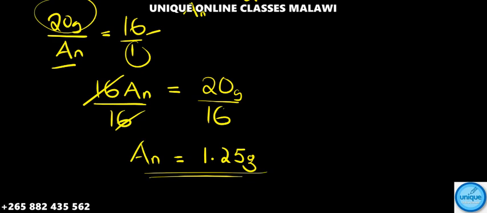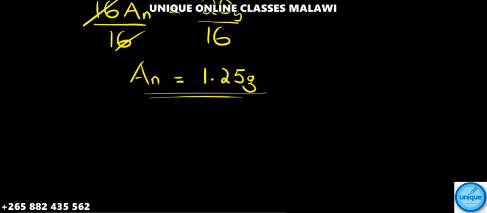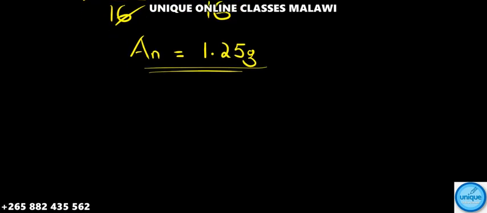Another way we can do it is this one. The initial mass is 20 grams. After 3 hours we need to find half of that 20, so we are going to have 10 grams.